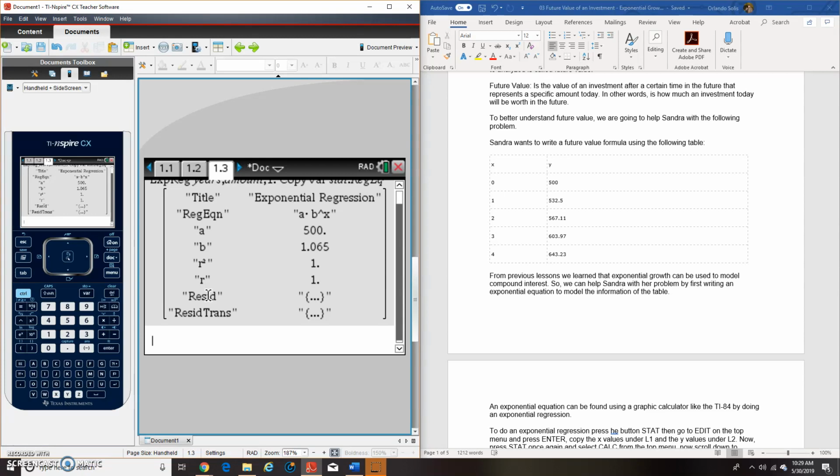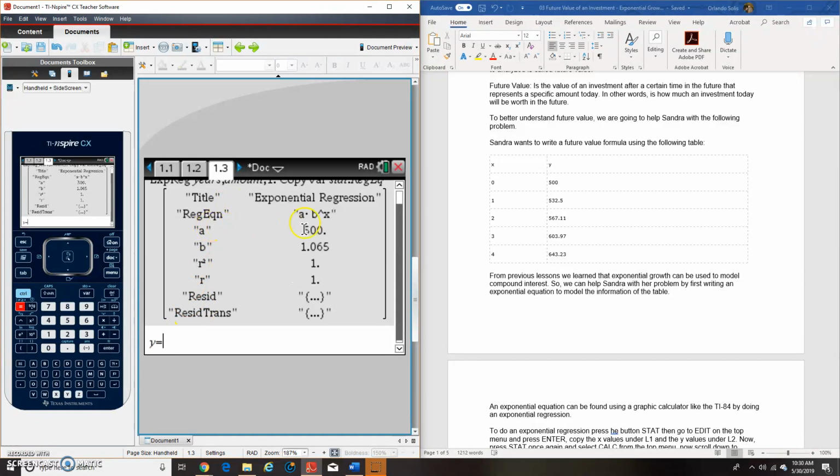That means that the data is almost perfect, that it's really, really compact together. So it's really, really good. Just remember, R does not say that this is an exponential function. It only states that the data is very well packed together. That's all it states.